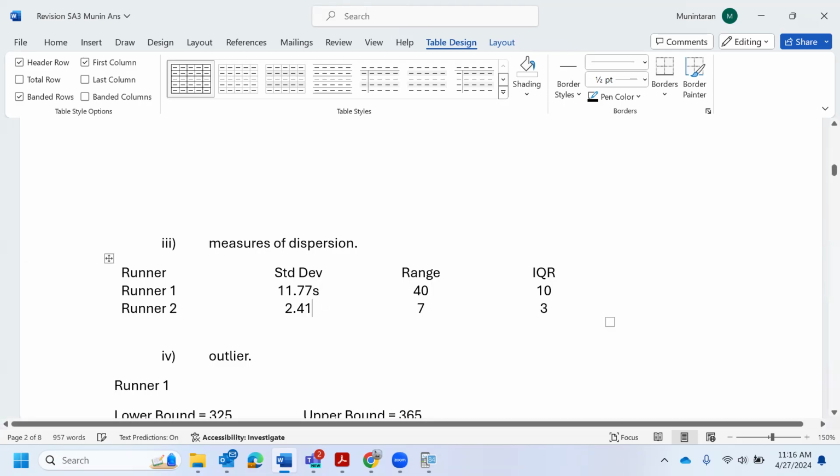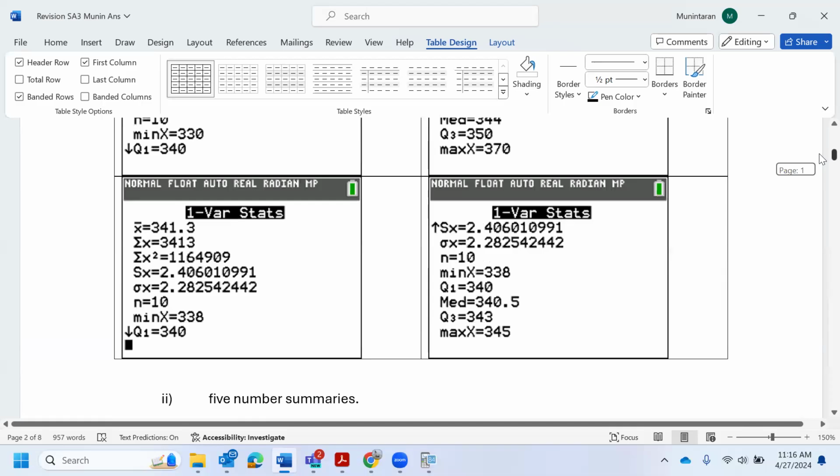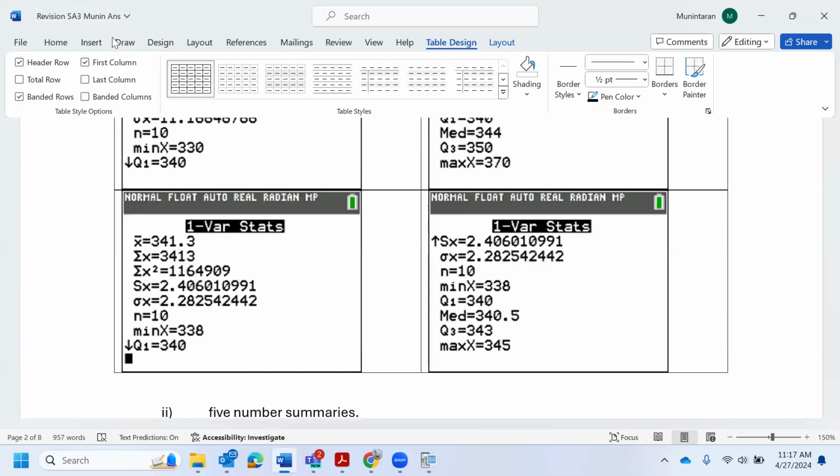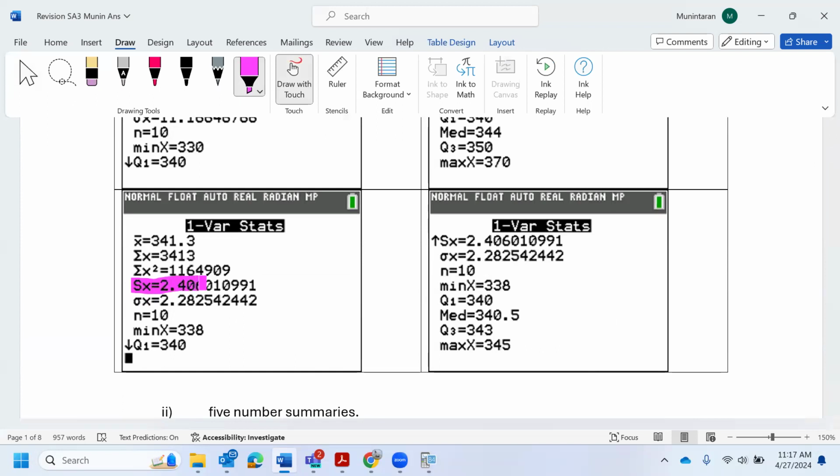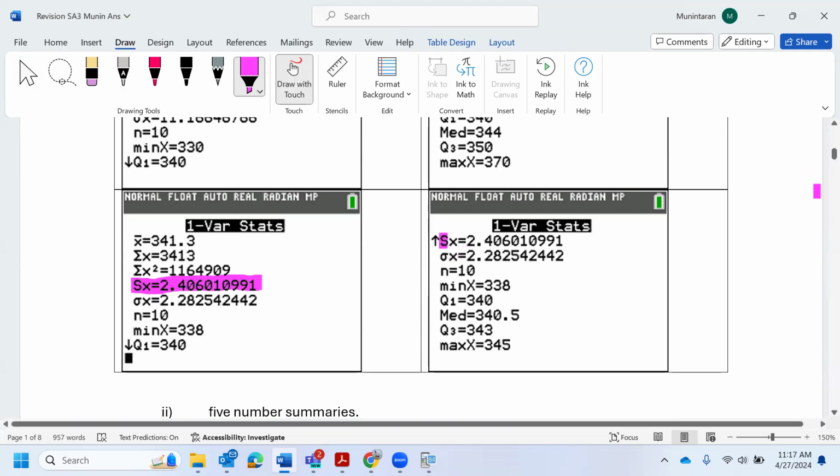Now for the standard deviation, you will read the Sx. Standard deviation, you will be reading the Sx. Why are both the same? Copy the same thing.